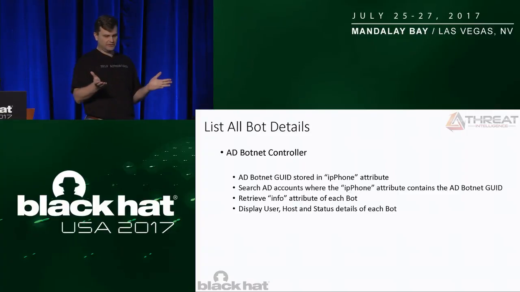One of the things we can do is list all the nodes in the network that are infected so that we can then direct commands to them. We can display the username and the host name of the systems which are infected.